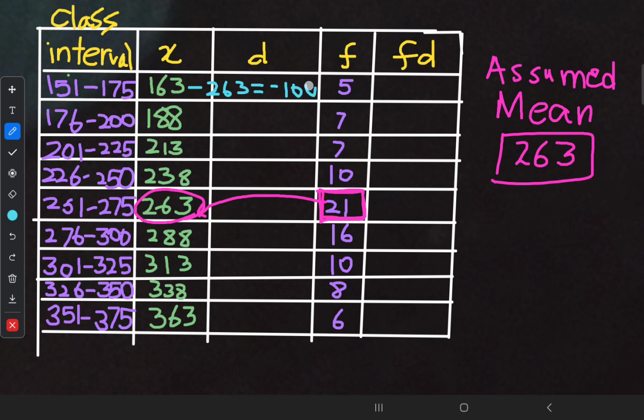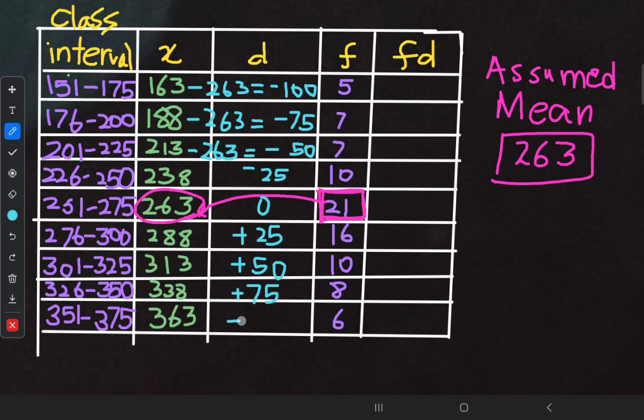Then from 188, you subtract the assumed mean, which will give you negative 75. Similarly, the following one gives negative 50, then negative 25, then 0, positive 25, positive 50, positive 75, and positive 100 respectively.